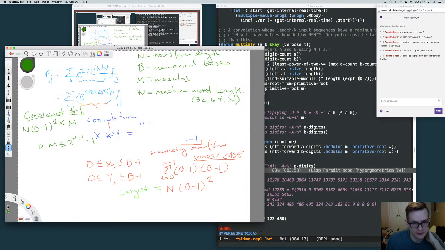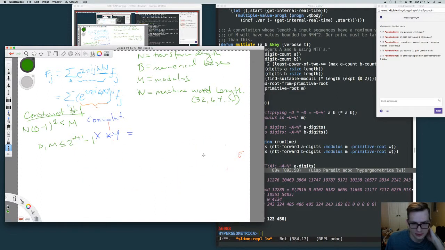So yeah, all of this stuff establishes a bound. We can be more conservative in some ways. We can always make the bound tighter or looser, but this is good enough. So when we find moduli for our transform, we need to make sure that our modulus satisfies this property here. Now, ideally, there's nothing wrong with this.